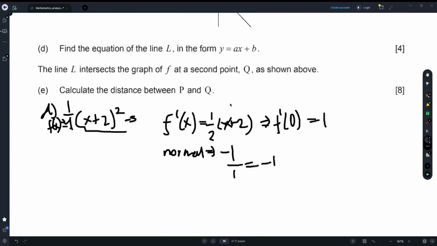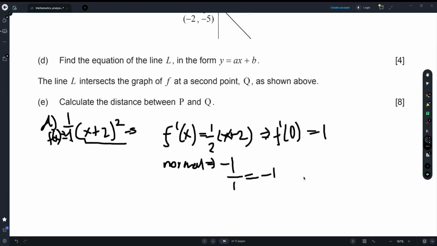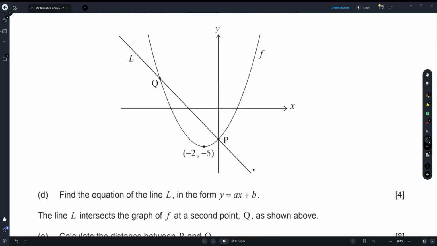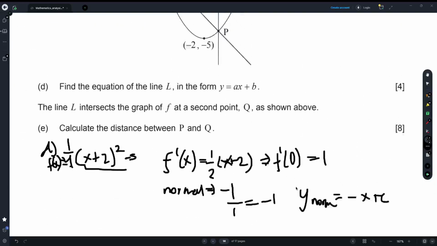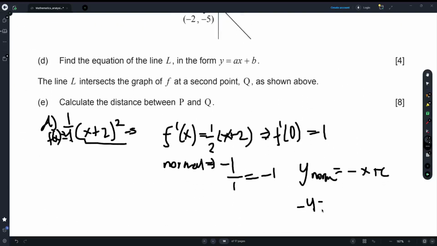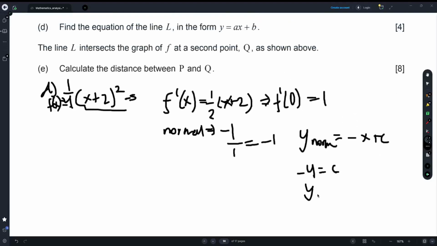And now we know that it passes through, so y of the normal, we can write this as negative x plus c. And we know it passes through this point, negative 4, 0, so minus 4 equals c. Okay, so y is equal to negative x minus 4.